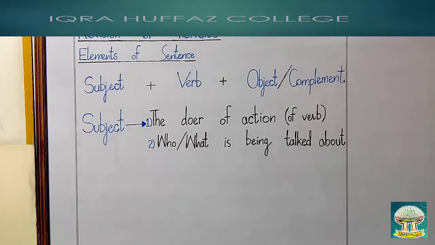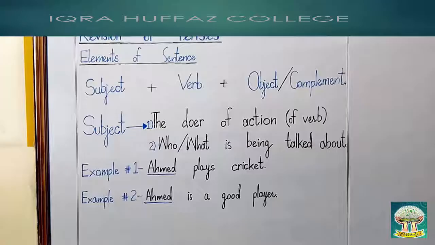For example, in example number 1, the first definition of subject is illustrated. Ahmed plays cricket. You may look at this example number 1 and tell me the action of verb in this sentence.